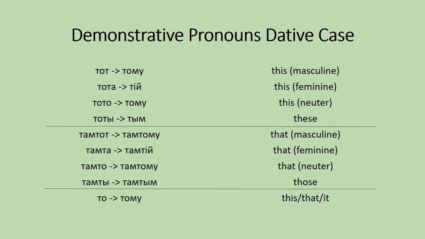Tamtot, meaning that for masculine nouns, becomes tamtomo. Tamta, meaning that for feminine nouns, becomes tamte. Tamto, meaning that for neuter nouns, becomes tamtomo.